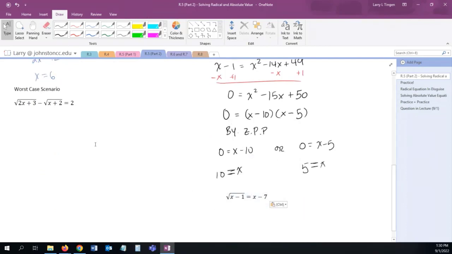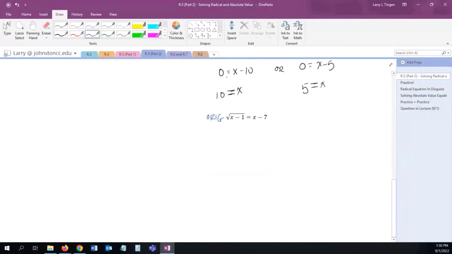So I'm going to paste that and then indicate to the reader that I am checking. This is the original. So I'm checking x equals 10, and I'm checking x equals 5. If I do x is 10, that's the root.